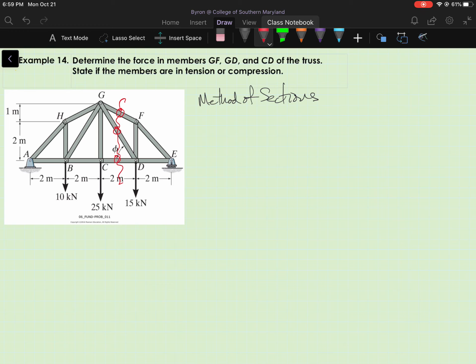Okay. Now the second step is to determine which side of the cut is going to be easier to work with.